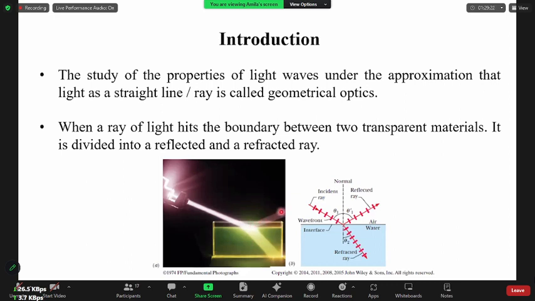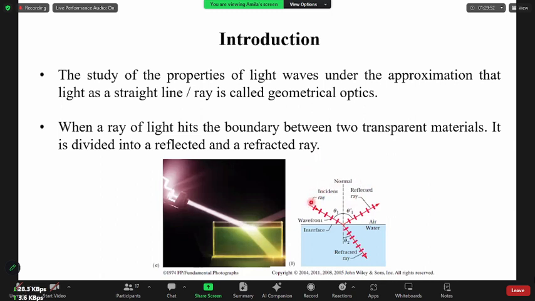So when you're studying geometrical optics, the ray diagram plays an important role. This is the ray diagram equivalent to this phenomenon. Here you can see it's water, and here it is air.